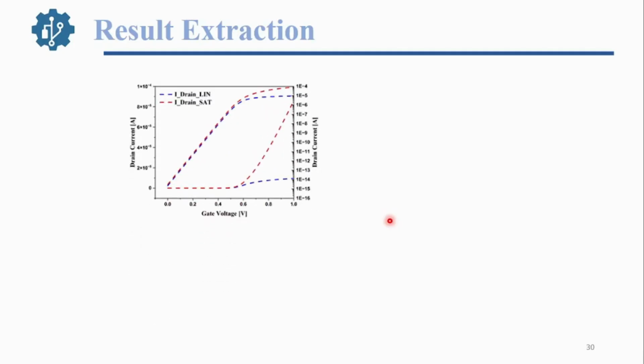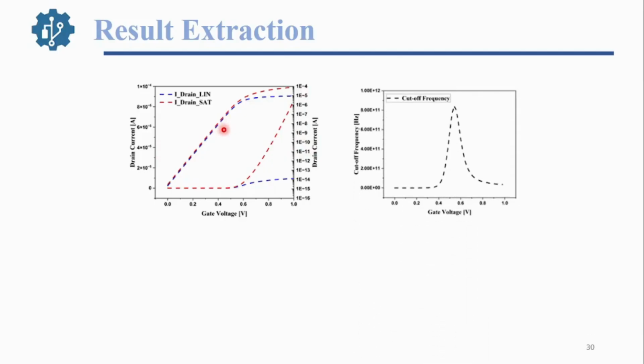Now, these are some result extractions, like the linear versus log plot. The x-axis is the gate voltage. This one is the linear and this the saturation. The red one shows the saturation, and this one shows the linear. On the y2 axis you see the log plot of the same linear plot.